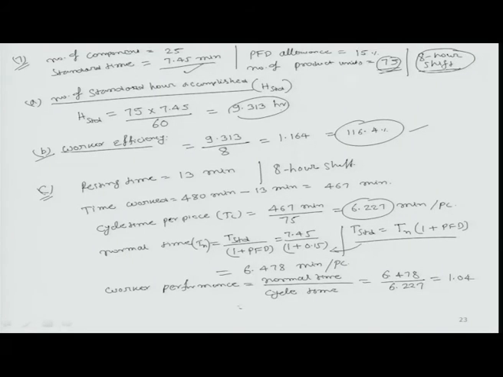If you want to convert it into percentage, we will have to multiply this by 100, so it will be 104%. So from this question you can see that the worker performance has increased by 4%, based on the given standard time of 7.45 minutes.